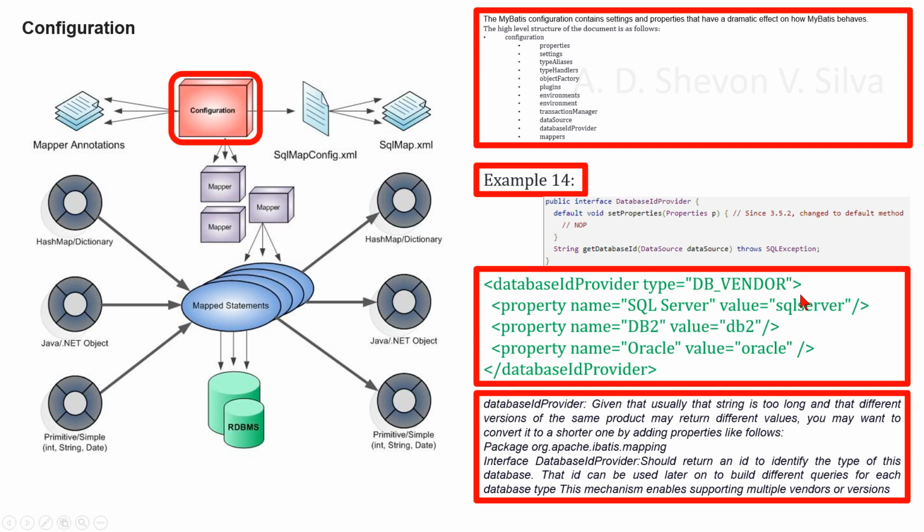When properties are provided, the DB_VENDOR databaseIdProvider will search for the property value corresponding to the first key found in the returned database product name, or null if there is no matching property. In this case, if getDatabaseProductName() returns Oracle (DataDirect), the database ID will be set to oracle.